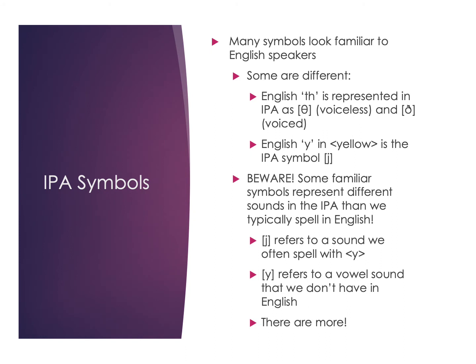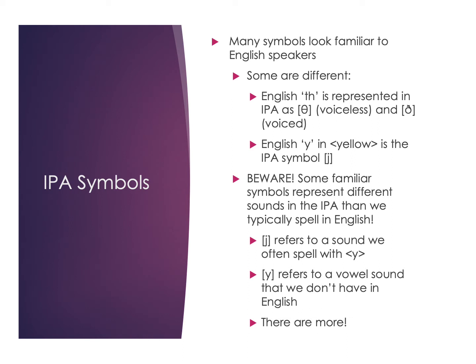For the case of that j, it refers to the sound that we think of as the y sound. But there is a separate vowel sound that is represented by that lowercase y, that's a sound that we don't have in English. So you need to be very careful when you're transcribing, when you're looking at them, to remember which symbol represents which sound, because sometimes they might look familiar, but not represent the sound in the same way that they are in English.